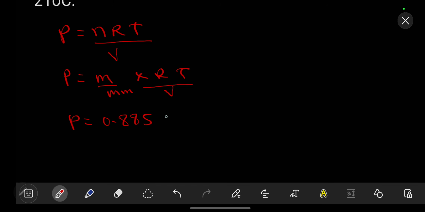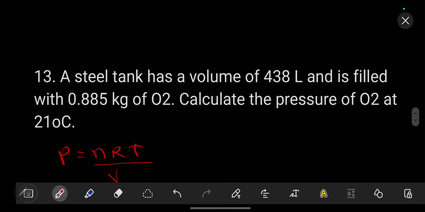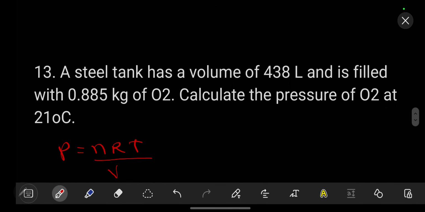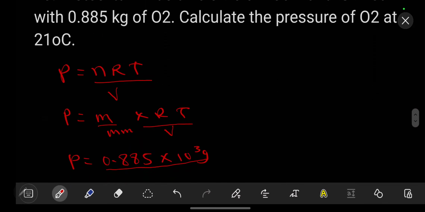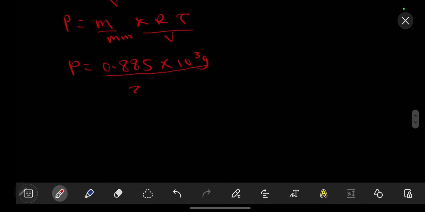Now kilo is 10 raised to the power 3, so we have 10 raised to the power of 3 grams instead of kg, because for the mole concept we use the mass in grams over the molar mass of this substance. Oxygen has a molar mass of 32 grams per mole.